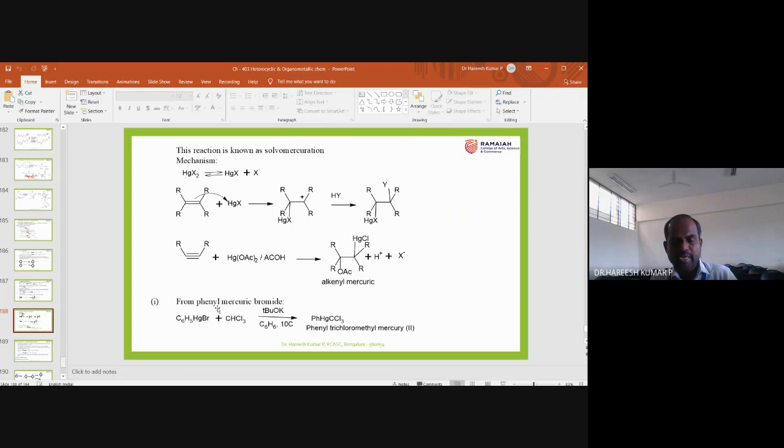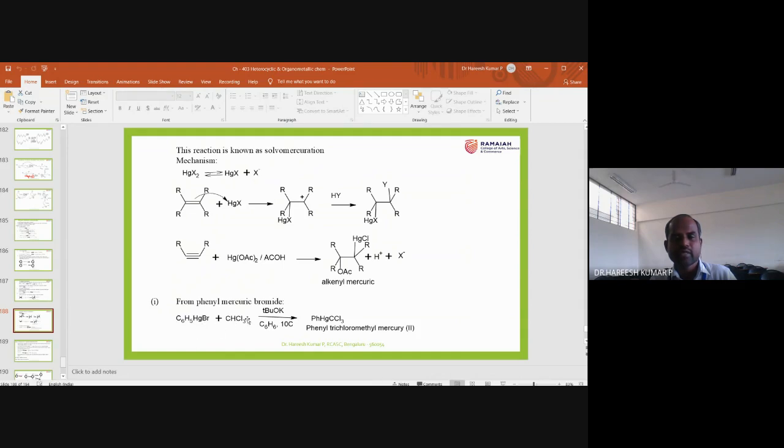So here I am taking one more method of preparation, starting with phenyl mercuric bromide. What is the name of this compound? This is C6H5, meaning phenyl, Hg meaning mercury, Br meaning bromide: phenyl mercuric bromide.